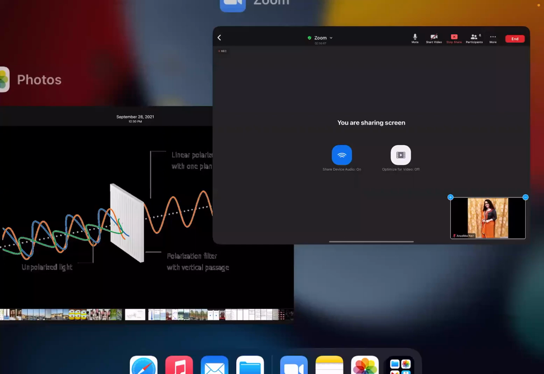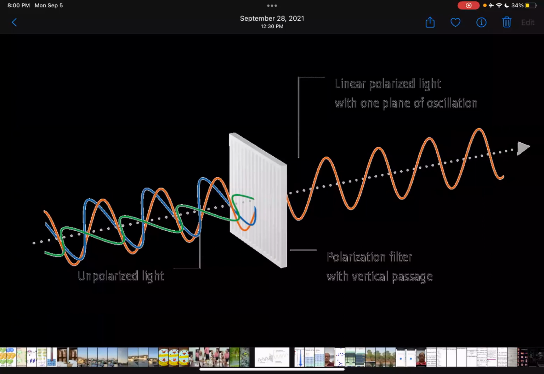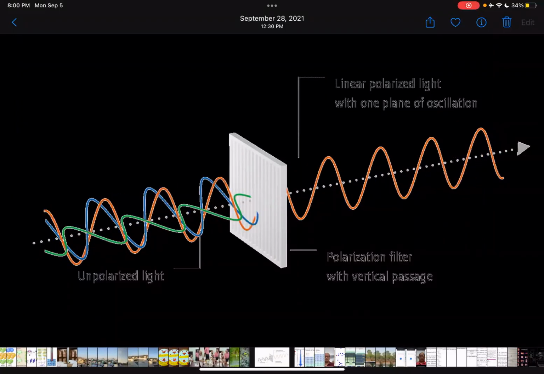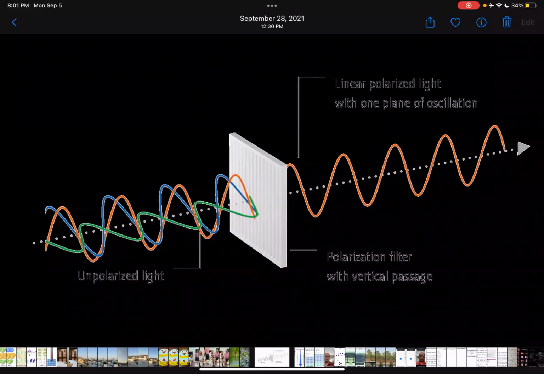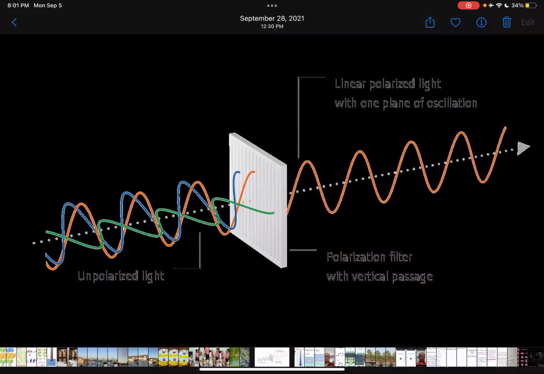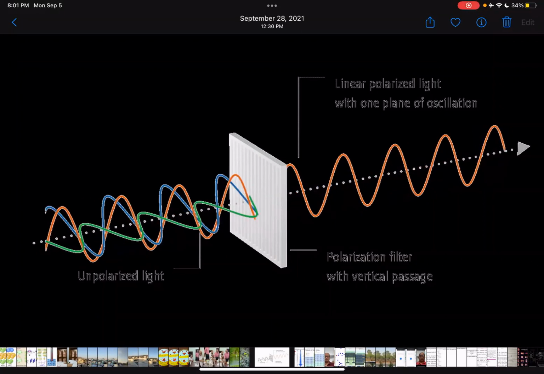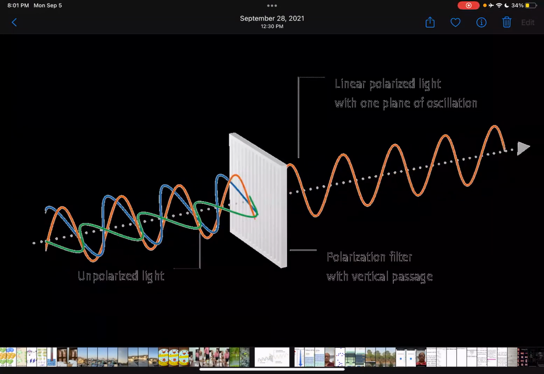Let me show you what is polarized light. Light actually is an oscillating electric and magnetic field, with a wave nature, and it is oscillating in all directions.